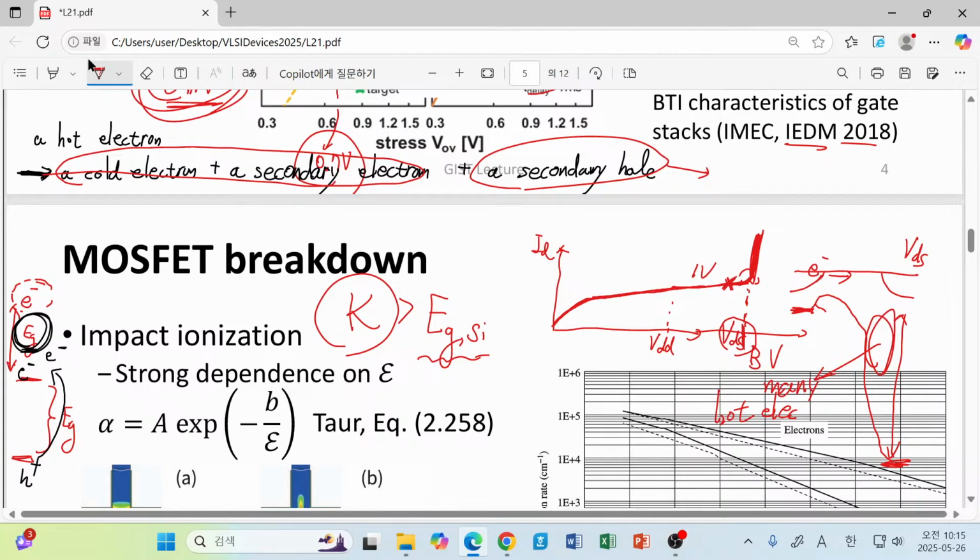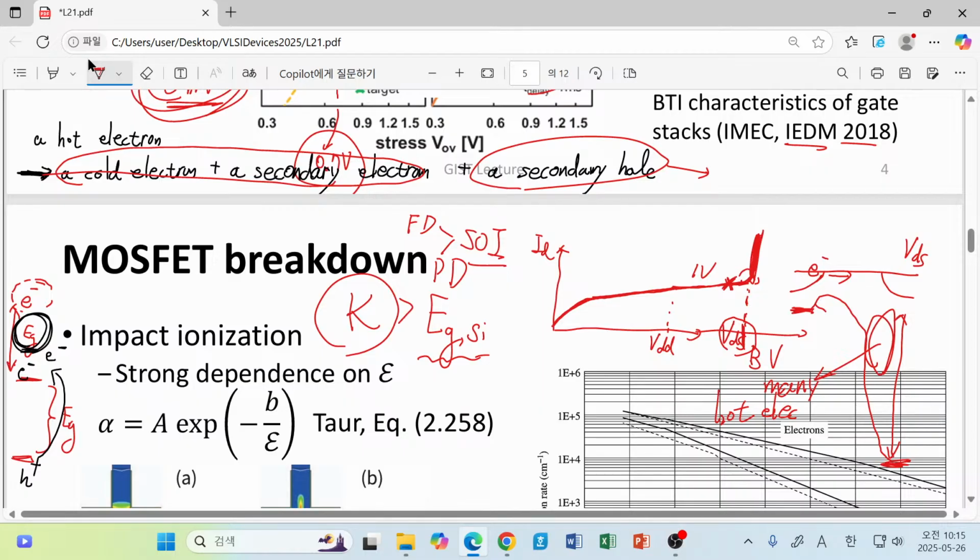If you have not heard about SOI, of course we will revisit this structure once again. However, what I wanted to say right now is, in the case of an SOI device, there are two different types. One type is fully depleted. Another one is partially depleted. What is the difference? In the case of SOI, you just buy an SOI wafer from a company.